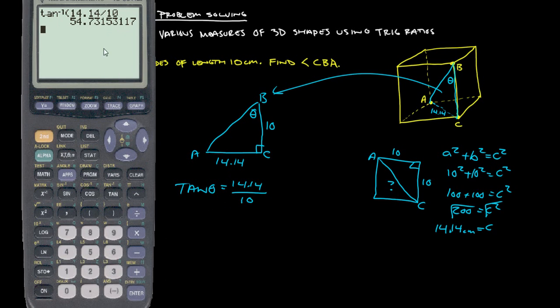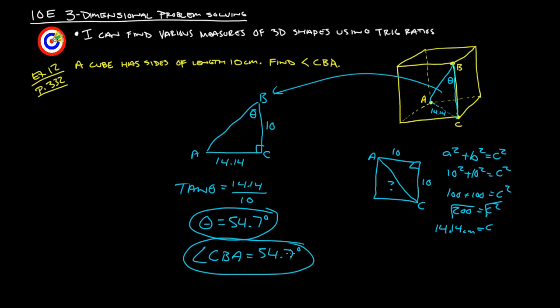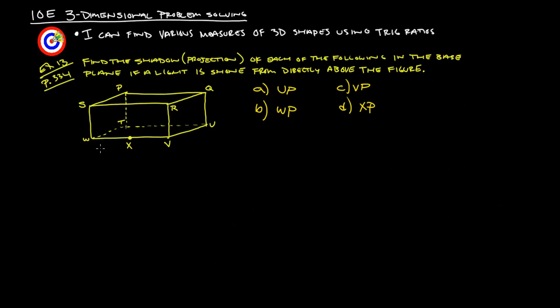Hit equals, and we get 54.7 degrees. So theta equals 54.7 degrees. So angle CBA is 54.7 degrees. Okay, so there's our first example. Let's take a look at another one.